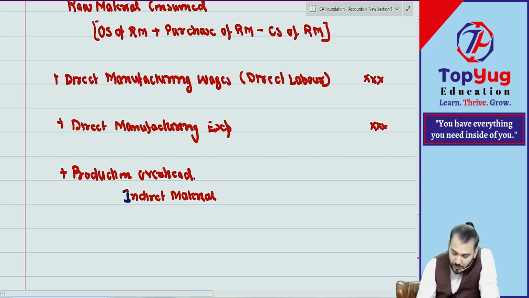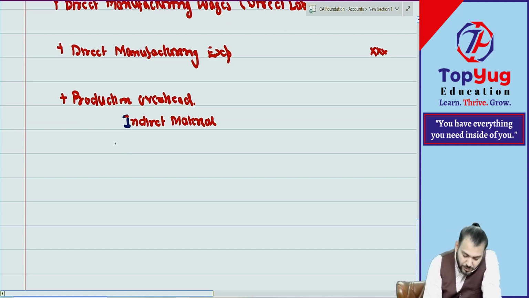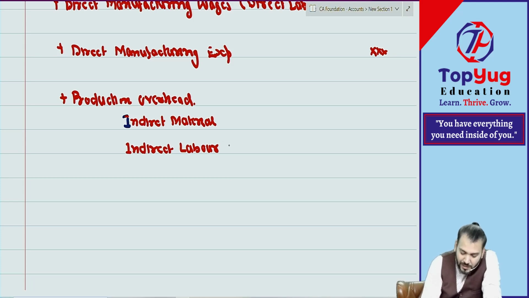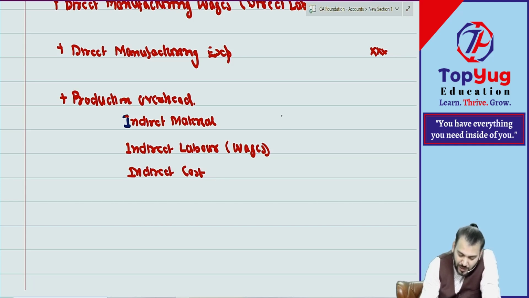Correct? Understood? It will also include indirect labor, meaning indirect wages. It will also include indirect cost. Correct?